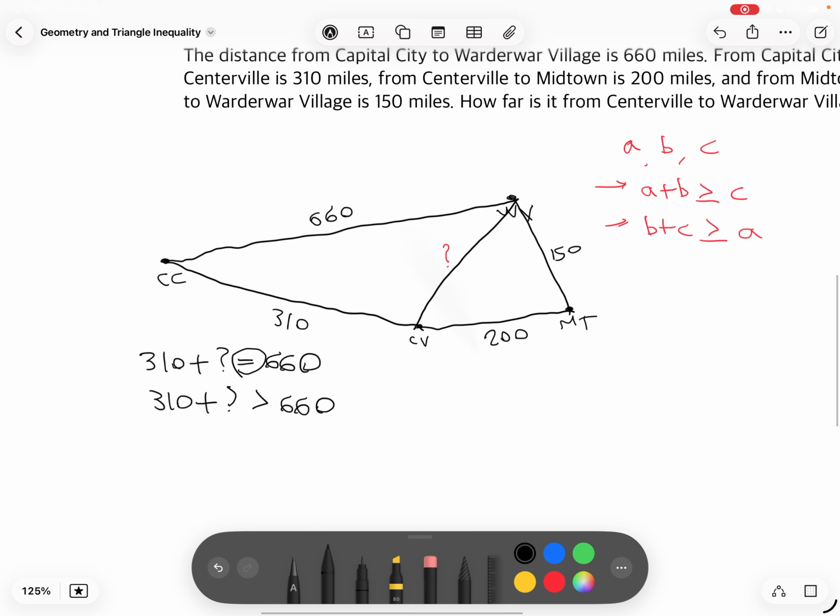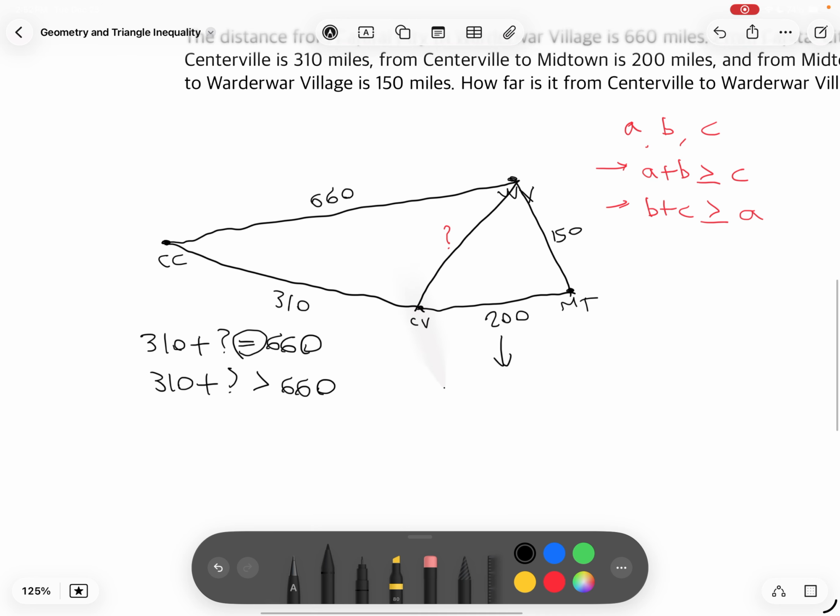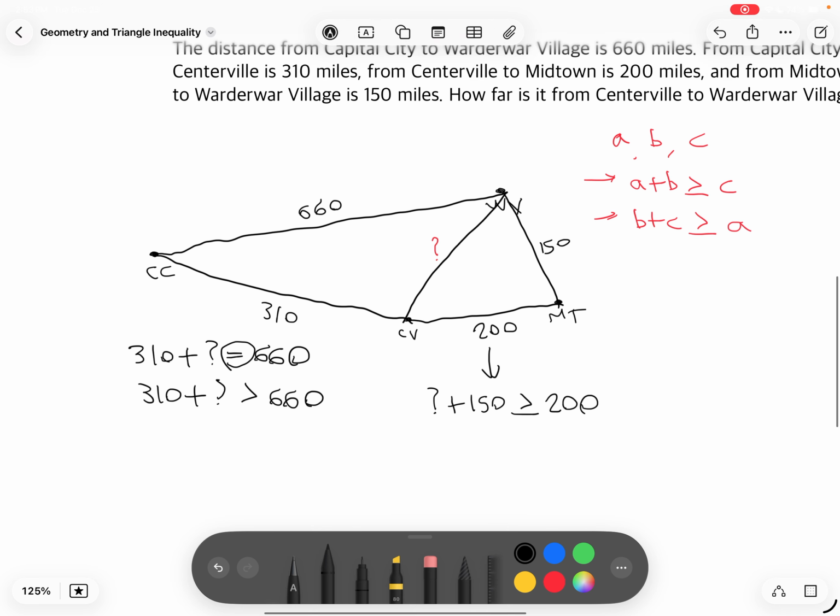For the second triangle, the smaller one over here, we have 200 and 150. We have the question mark plus 150 is going to be greater than or equal to 200. Again, we couldn't just have a value of 50 on the question mark, because 50 plus 150 would not add up to be greater than 200.